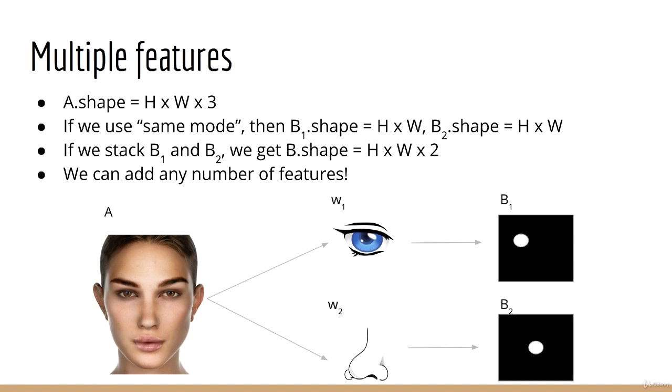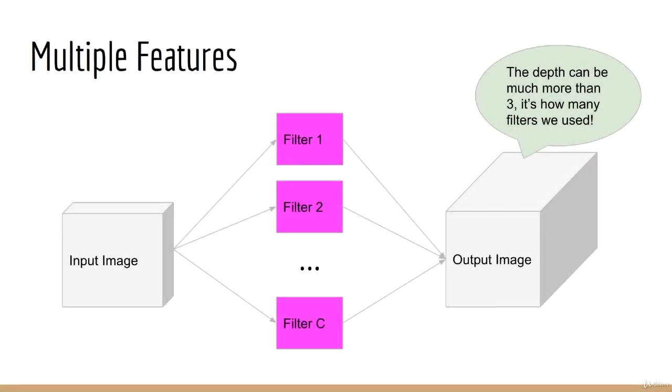Well, how about we simply stack them together? Now, all of a sudden, our output is three-dimensional. It's height by width by 2. And in fact, we can add any number of filters to find any number of features. So nose, eyes, lips, eyebrows, chin, and so on. Now our input looks like our output.